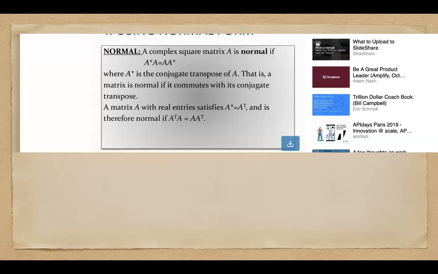A matrix A with real entries satisfies A star equals A transpose, and is therefore normal if A transpose A is equal to A into A transpose.